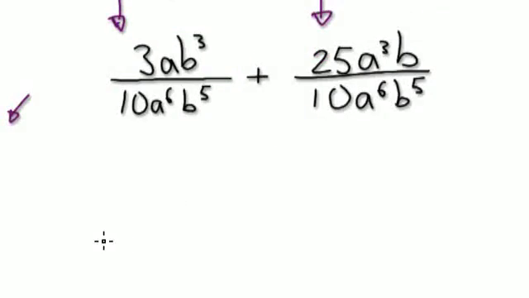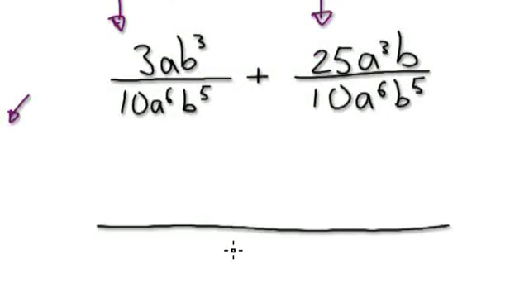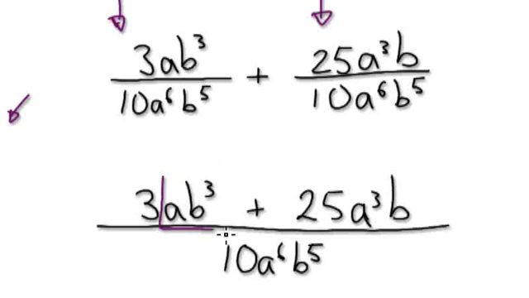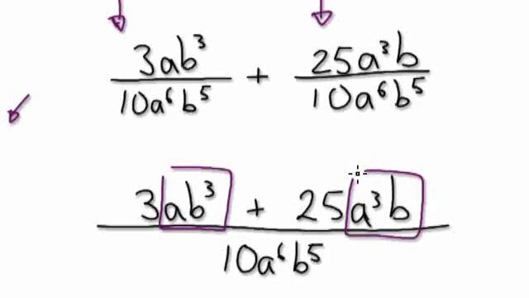So, now that the two denominators are the same, we can merge. So 10A to the power 6, B to the power 5, and then on top it will be 3AB to the power of 3 plus 25A to the power 3B. Okay, and then have a quick glance to see if these two denominators are the same.